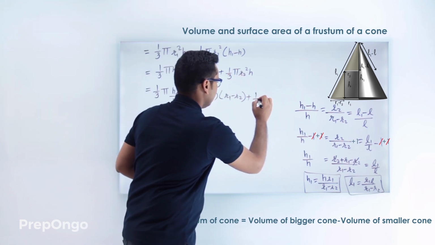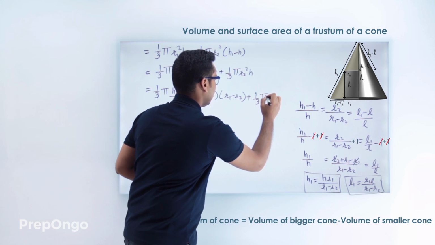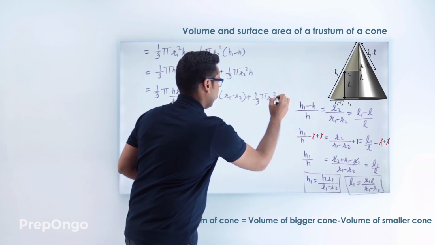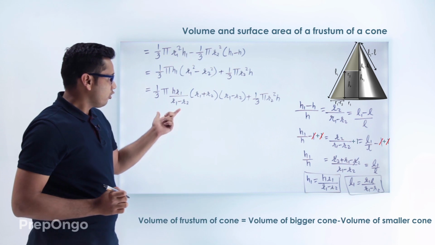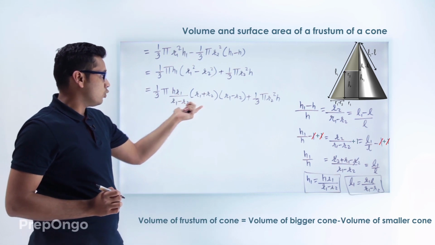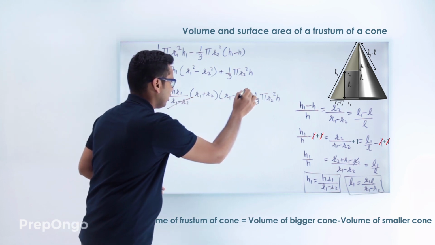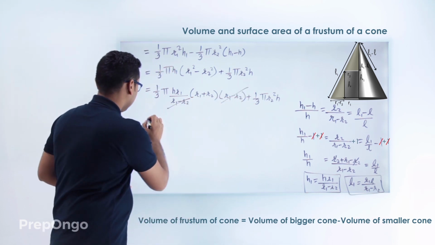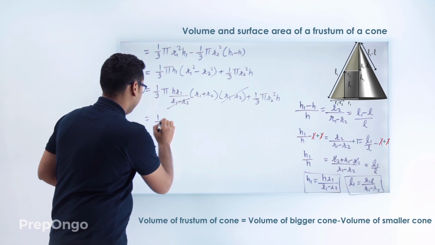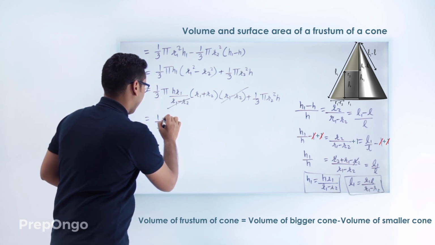So put the value, this is 1 by 3 pi R2 square H. Now if you observe, this R1 minus R2 and this R1 minus R2 will get cancelled. So these two terms will get cancelled and we can get 1 by 3 pi H.